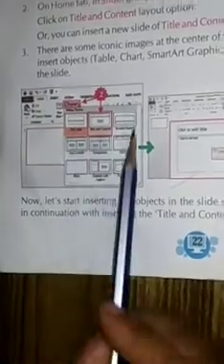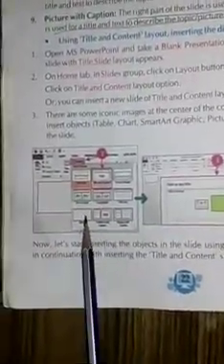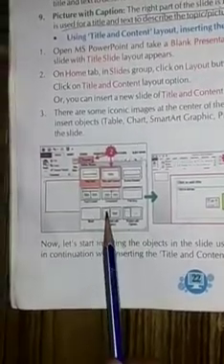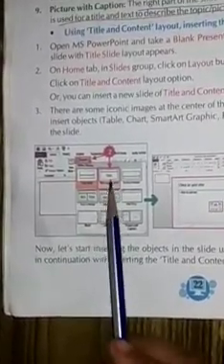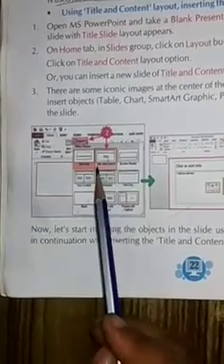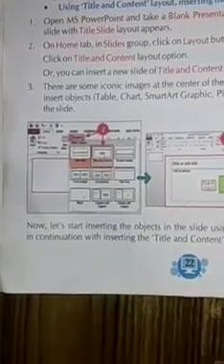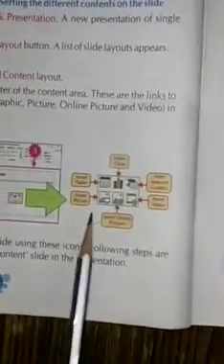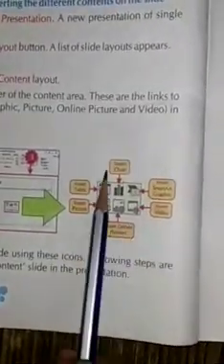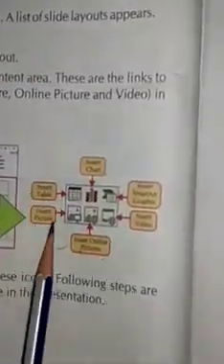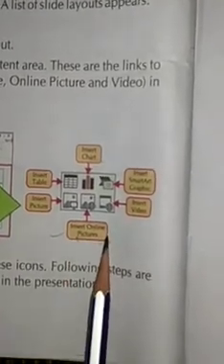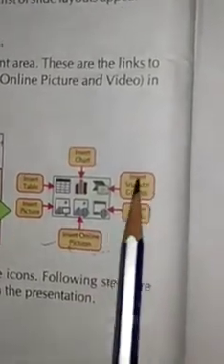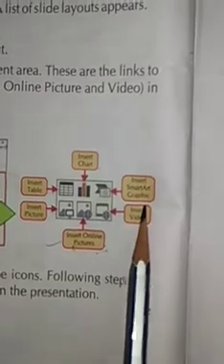Then you can choose any type of layout, but for the content you have to select this layout, title and content. This is the picture, and there are 6 content icons like chart, table, picture, online pictures and video and smart art graphics.